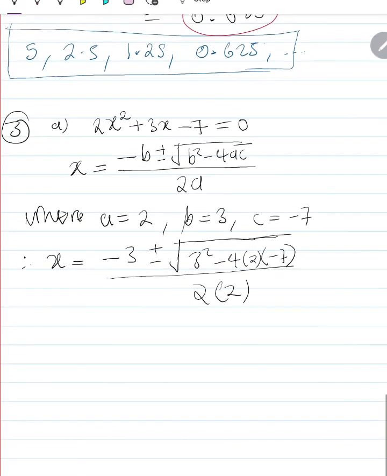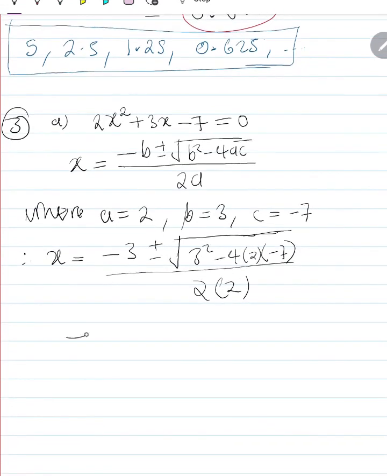Okay, so this simplifies to negative 3 plus or minus the square root of 3 squared, which is 9, plus 7 multiplied by 4 multiplied by 2.